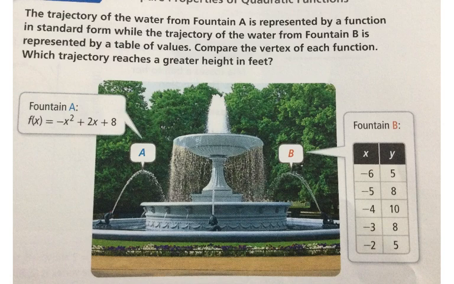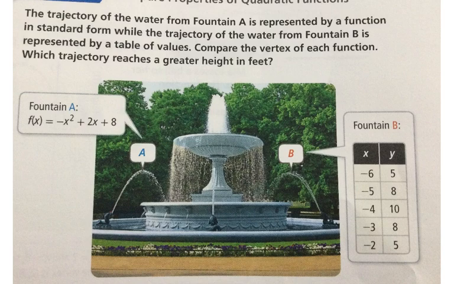So this would be f of 1 equals negative 1 squared plus 2 times 1 plus 8. You can put this directly in your calculator. I know 1 squared is 1, but there's a negative out front that makes it negative 1. 2 times 1 is 2, plus 8. I combine like terms. That's going to give me 9.